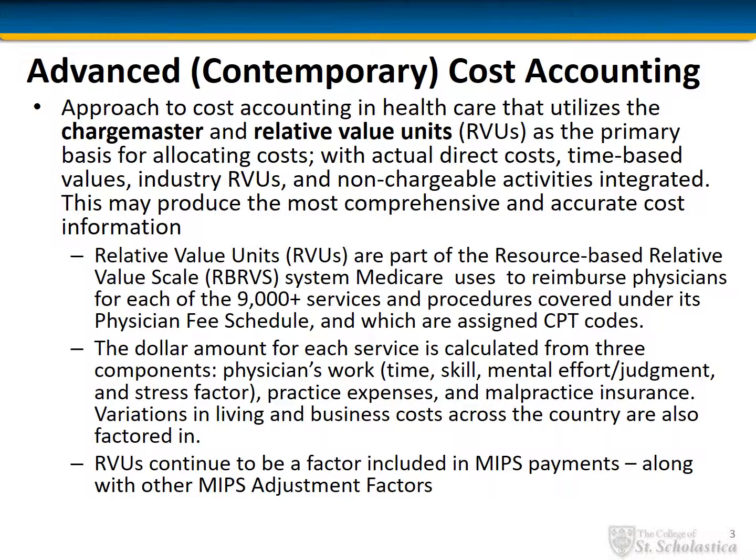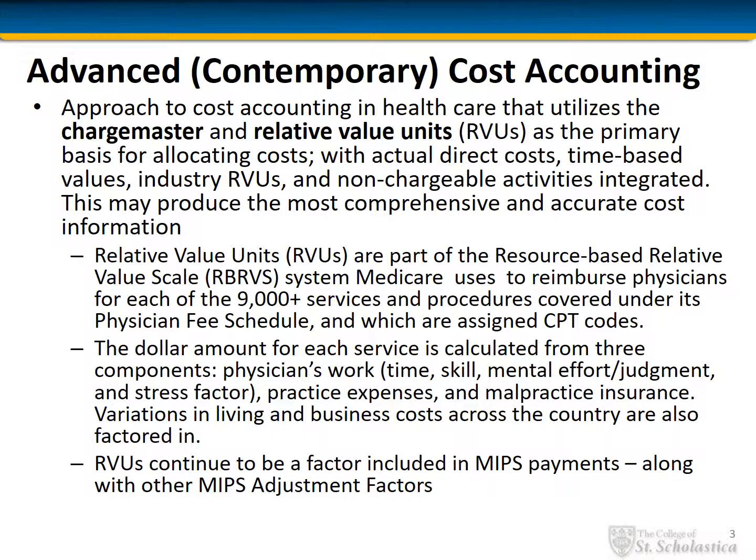As a result of the need for much better cost data in a value-based care environment, a newer approach to healthcare cost accounting is being developed. This is referred to as advanced or contemporary cost accounting. In this methodology, the charge master that we discussed in the first lecture of this unit plays a key role.